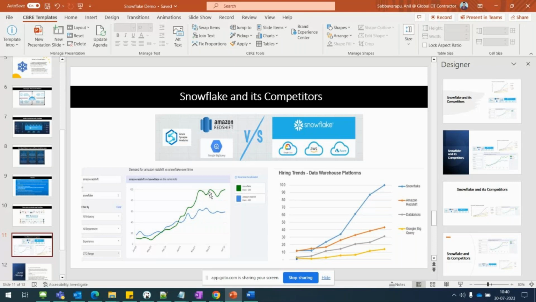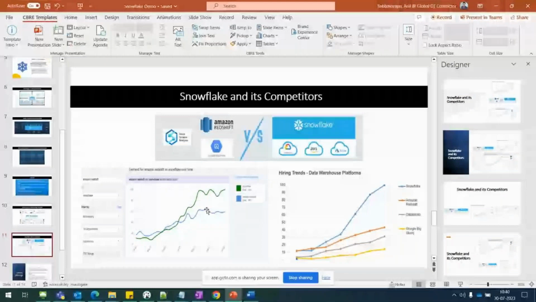In terms of CTC, experience or industry, if you take any criteria, Snowflake is standing at the top with respect to the other tools. So that's how it is emerging in the market, and if people choose Snowflake, they have a good career path, I could say that.